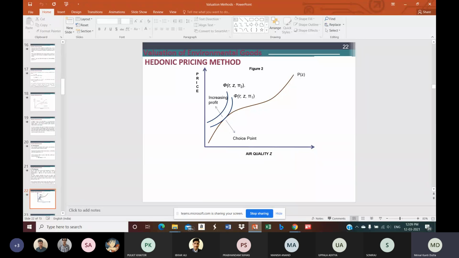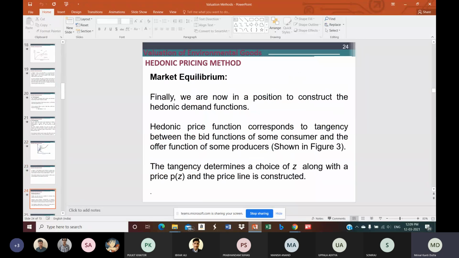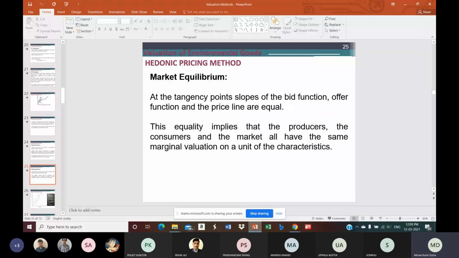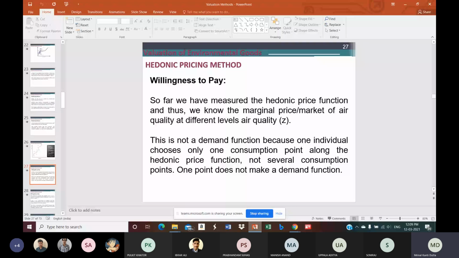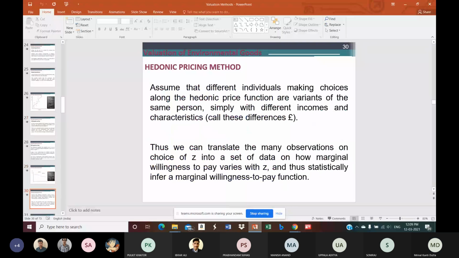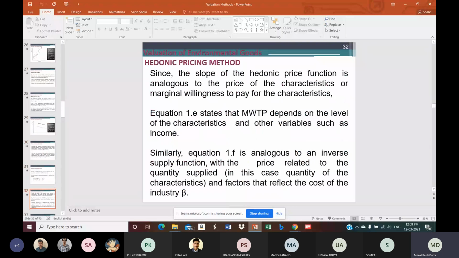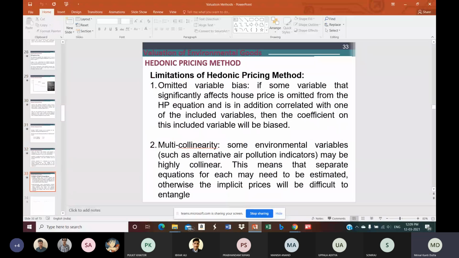So that way it goes. And ultimately there will be market equilibrium. So we have to choose between these. There will be one point which will give you the market equilibrium. So I'll share with you.